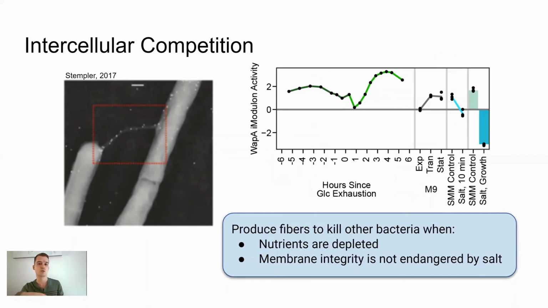And so we found both additional genes that could be useful in this process, as well as the activity levels of this process. And we basically see that when the cell is starving, it sort of starts to hunt, and that under salt conditions in which membrane integrity might not be at its best, the cell will not use this process.